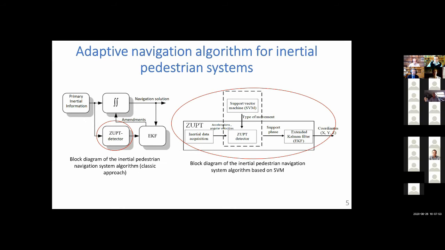The support vector machine method takes as an input a time series of inertial measurements, and by classifying them into several types, it says which threshold the ZUPT detector should use to understand that the zero velocity moment has come.